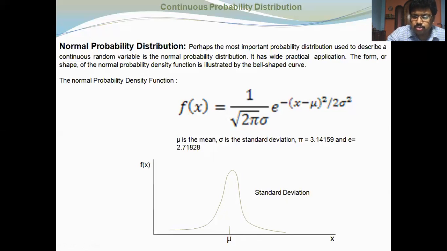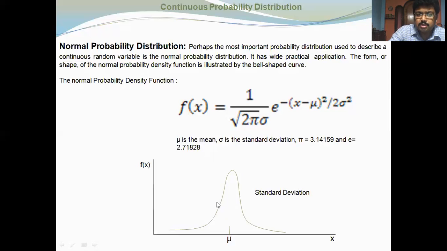Larger values of the standard deviation result in wider, flatter curves, showing more dispersion in the random variable. When there is more dispersion in the random variable, such as rainfall, or the height or weight of people, there should be more dispersion when the standard deviation is very high.